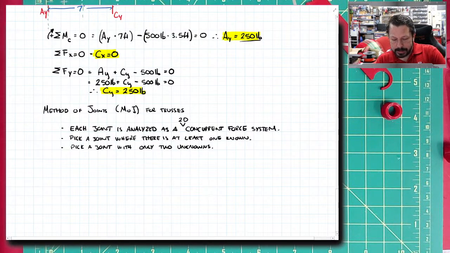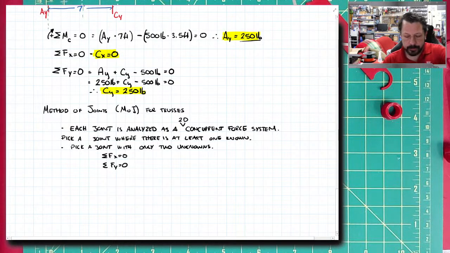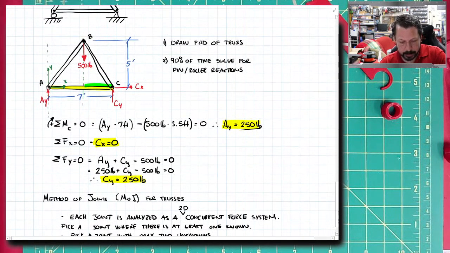But what this is getting at is that you only have 2 equations that you're going to work with. So if you only have 2 equations, then you can only use 2 unknowns. In our case, this is fine because all of the joints only have 2 unknowns.